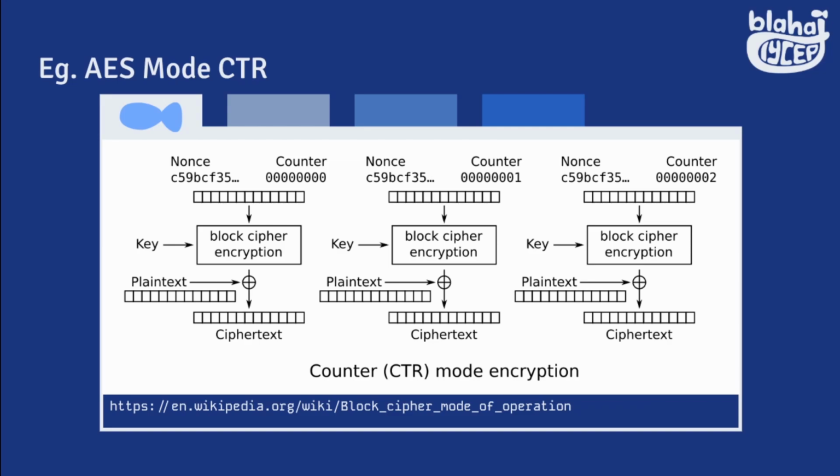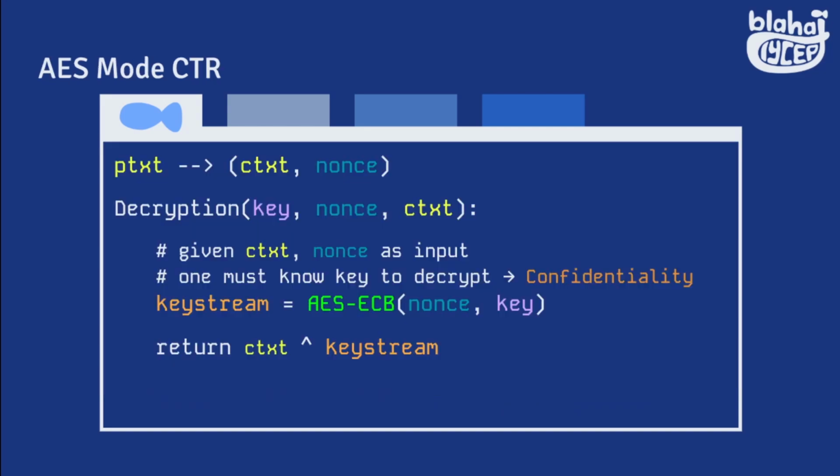So the counter will increment for every block. So block 0 will be 0, block 1 will be 1, etc. The nonce is the constant. But since we are changing 1 byte of the plain text being encrypted, the counter, that means that the entire key stream will be changed because of good diffusion. And afterwards, like I mentioned before, the plain text will be XORed with the key stream.